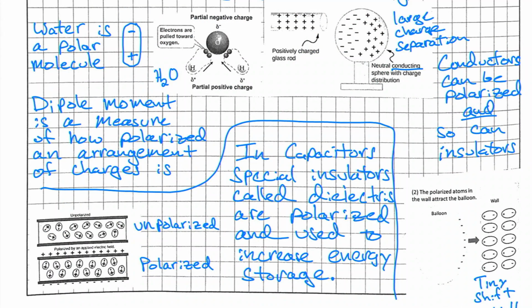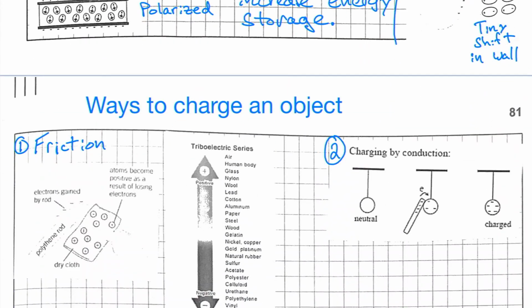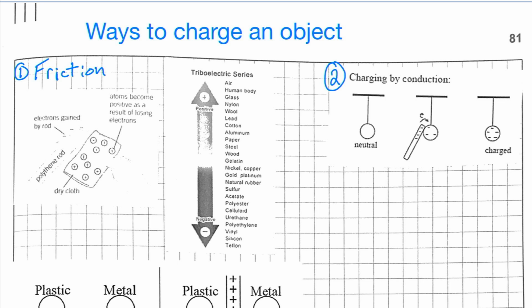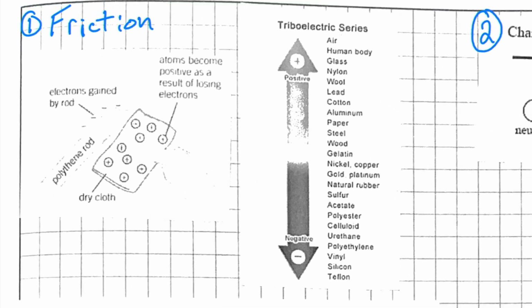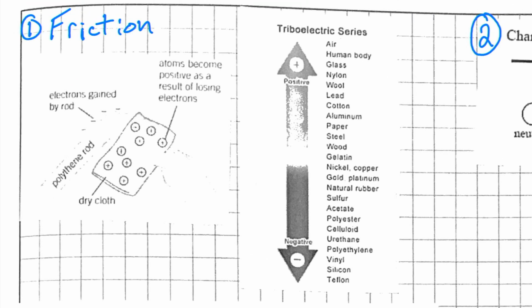So next, we're going to talk about ways to charge objects. You've already experienced some of these in class, starting with charging an object by friction. On the left here, we have a polyethylene rod, a dry cloth. We rub them together.